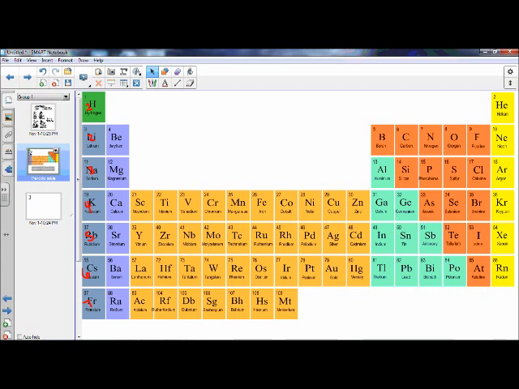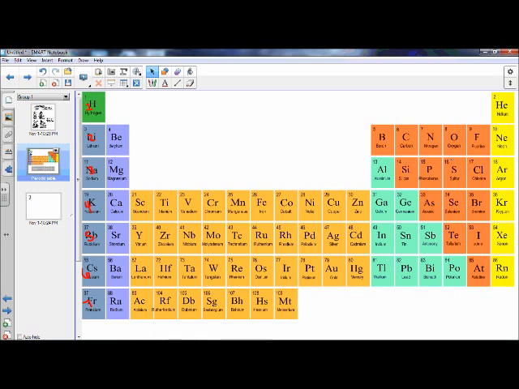Now, that's one pattern. The second pattern is, remember we said that s orbitals have a maximum of 2 electrons. If you look carefully, there are these 2 columns on the periodic table over here. We said that p orbitals were always a set of 3 with a maximum of 6. Look at the columns over here: 1, 2, 3, 4, 5, 6.